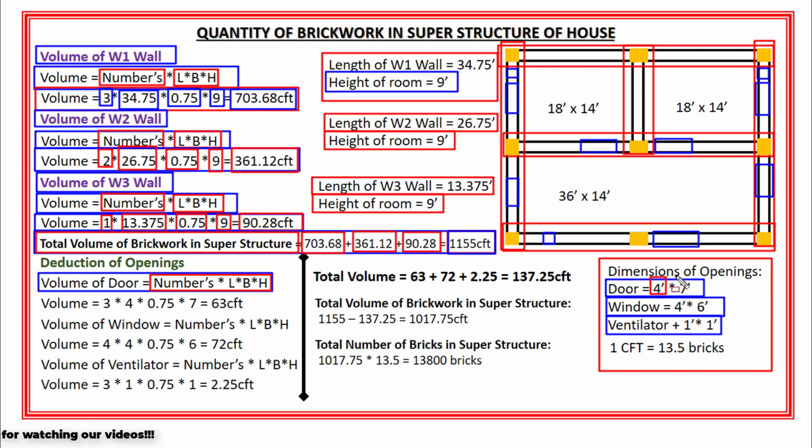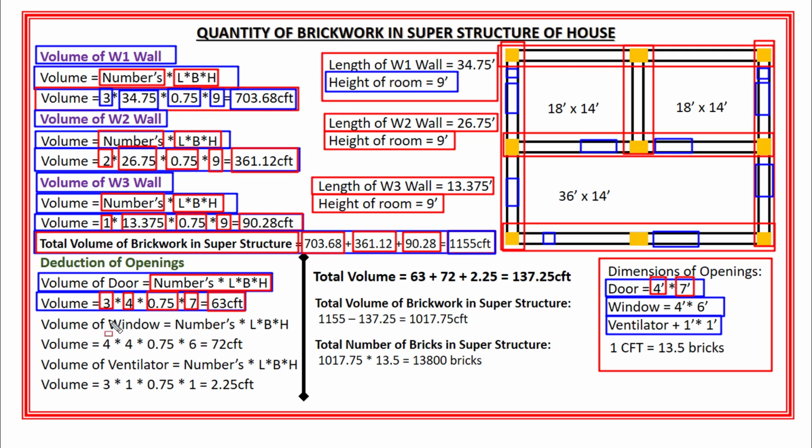And 9 inch is equal to 0.75 feet. And the height of door is 7 feet. Okay. So the volume of 3 doors is equal to 3 multiplied by 4 multiplied by 0.75 multiplied by 7. And the total volume of 3 doors will become 63 cubic feet.